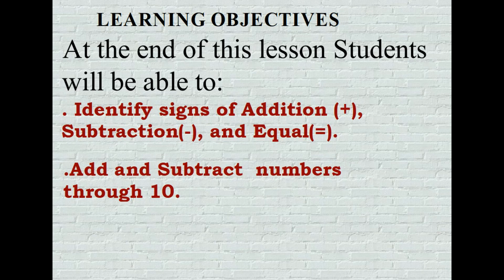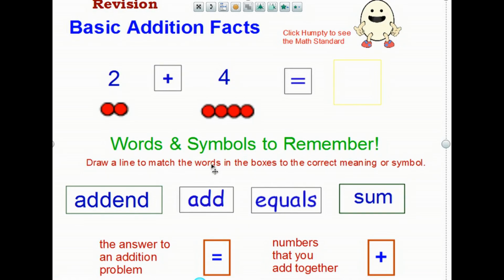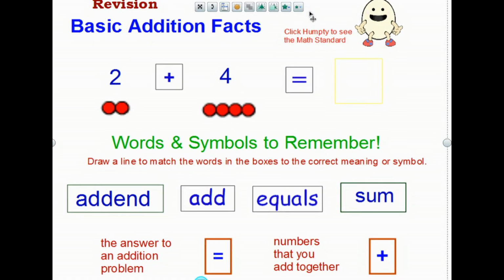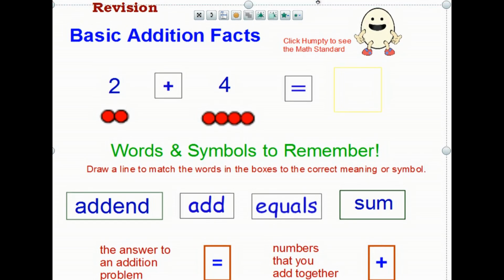Well, before we see in detail, let's see what you have discussed last time. Last time, as you remember, we have seen addition, basic addition facts, some properties, and also applications.